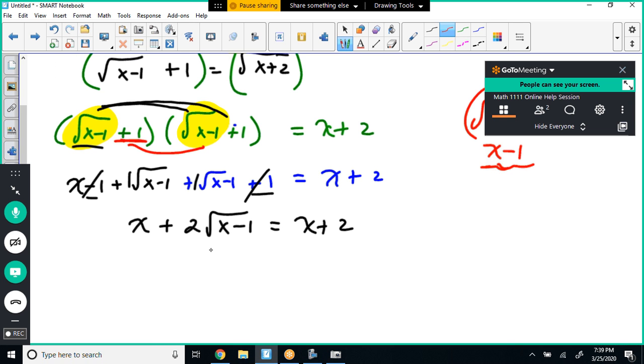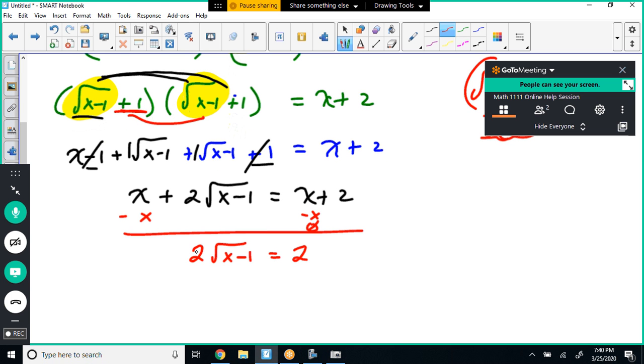Okay? Now, I need to isolate this radical. So I'm going to subtract x. So 2 square root of x minus 1 equals, well, that's going to be 0, right? It's just going to leave me with 2, because x minus x is 0, right?